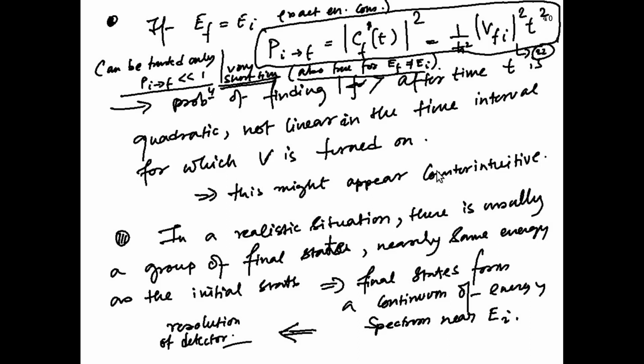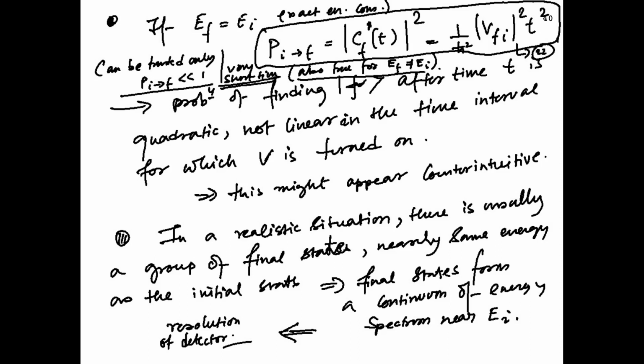So it turns out that in a realistic situation, usually there is not just one state. When we do this harmonic oscillator problem, it's the textbook problem, where the final state is just one state. But in a practical system, usually the final state is not a single state, because you never work with a single isolated harmonic oscillator. You work with a group of harmonic oscillators, usually whose frequencies are somewhat nearby, or some temperature effect is there.